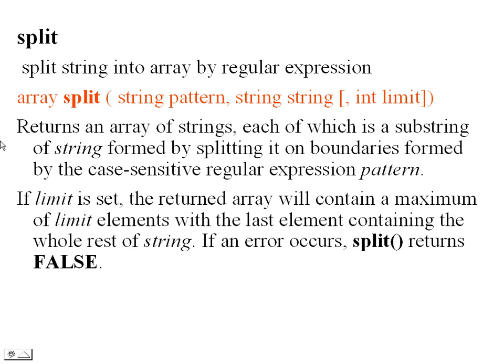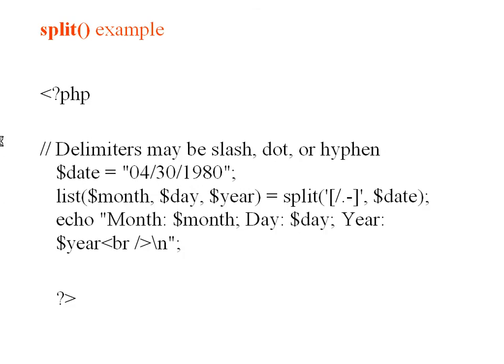Returns an array of strings, each of which is a substring of the string formed by splitting it on boundaries formed by the case sensitive regular expression pattern. If the limit is set, the returned array will contain a maximum of limit elements, with the last element containing the whole rest of the string. If an error occurs, split returns false.